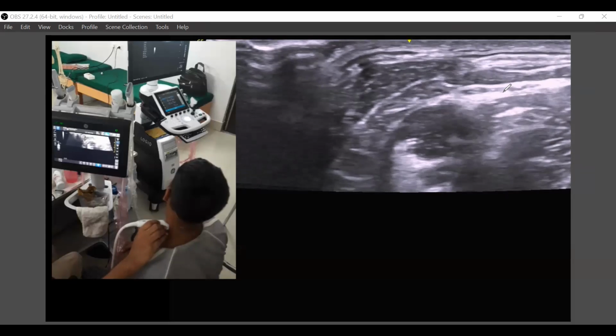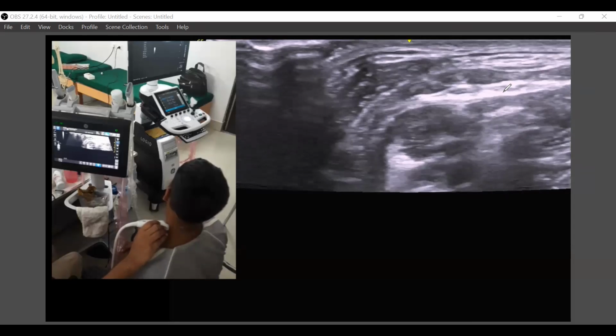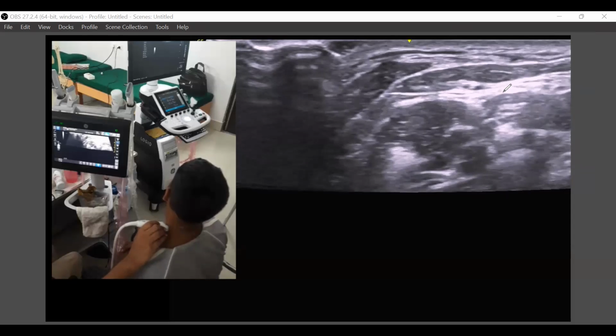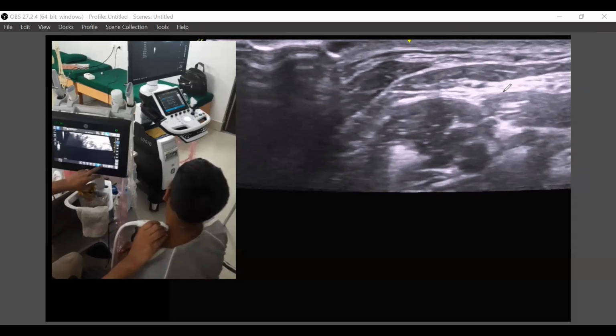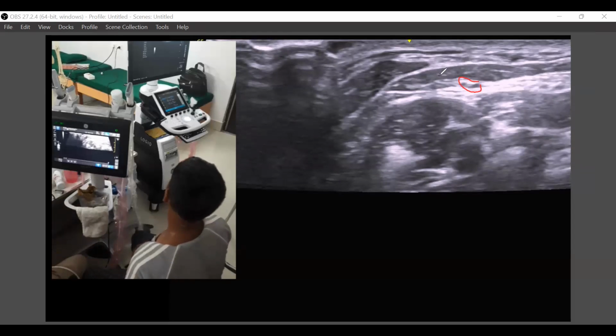So at these positions, these other two nerves are going up, and here at these three positions, if I am bringing my probe down, you can see these two nerves. Keep an eye on these two nerves.